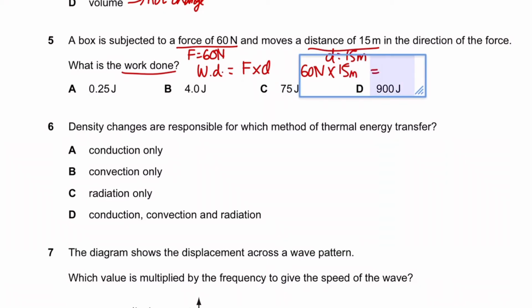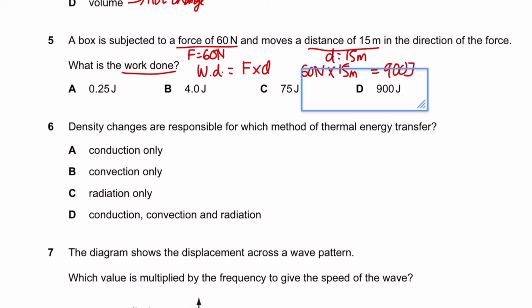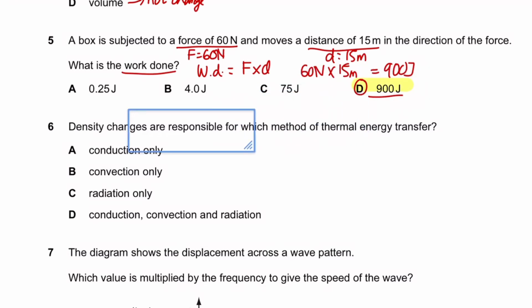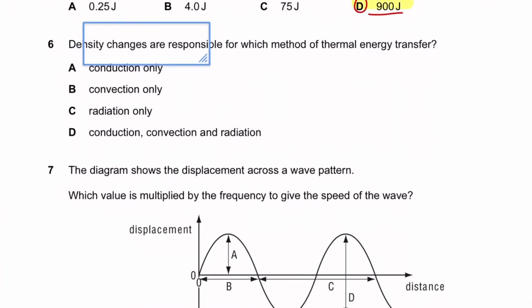Multiply that together with the use of a calculator. That'll give you 900 joules, which is also option D, 900 joules. Okay, moving on to the next question.